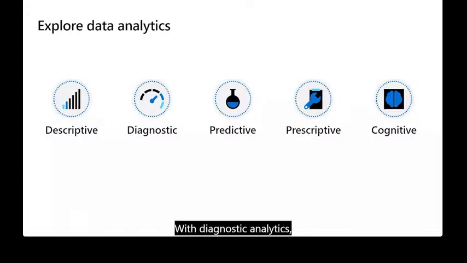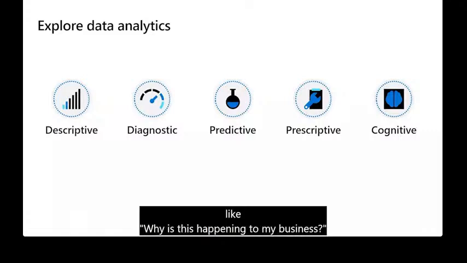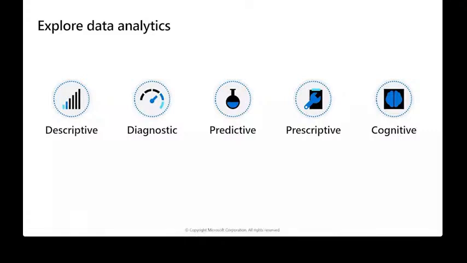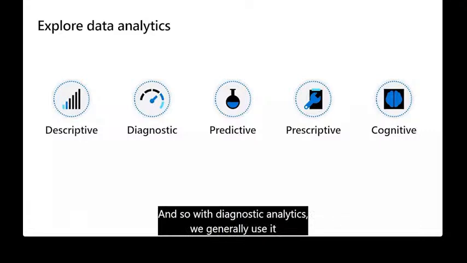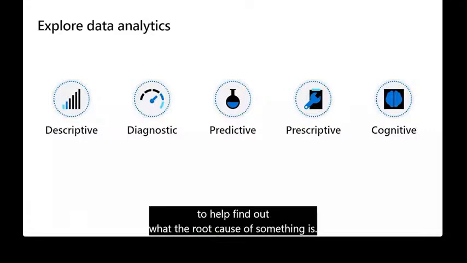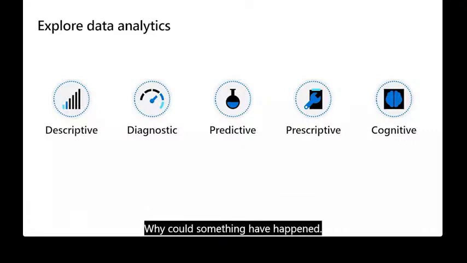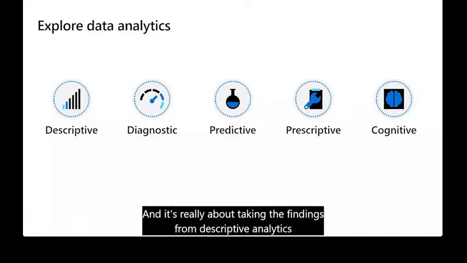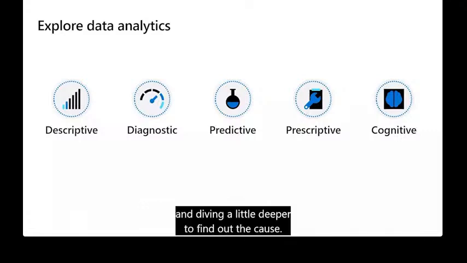Diagnostic analytics is really used to answer questions like, why is this happening to my business? We generally use it to help find out what the root cause of something is, why something had happened. It's really about taking the findings from descriptive analytics and diving a little deeper to find out the cause.